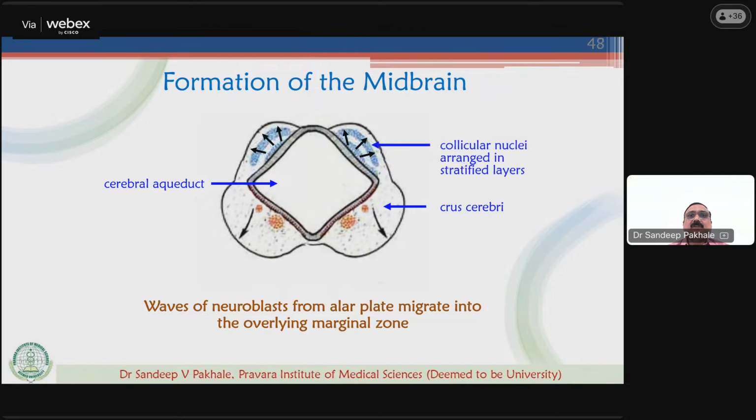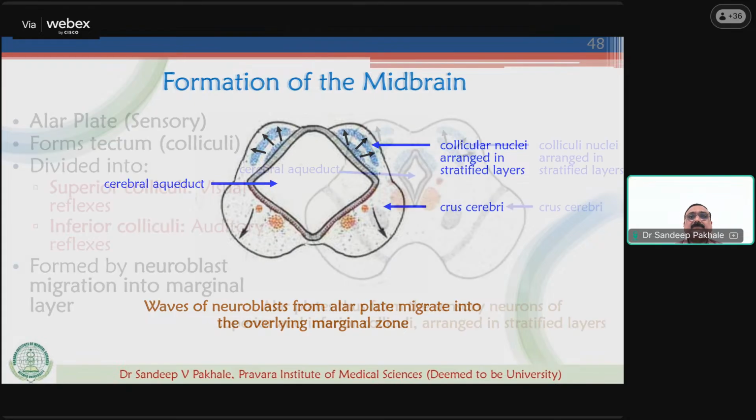The superior colliculi are involved in visual reflexes, and the inferior colliculi serve as a relay center for the auditory reflexes. So you can see this migration takes place in the tectum.